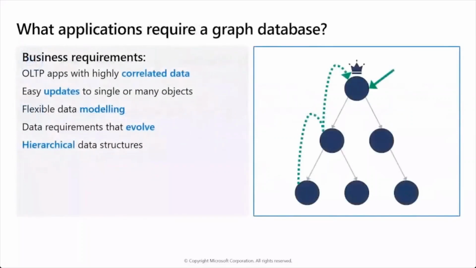If we take a look at an example, let's imagine that we are representing all the employees in an organization with the graph database or graph model. Each node represents an employee, and the edges represent the reporting line for each of the employees. In this graph, the arrows on the edges show the direction of the reporting line.